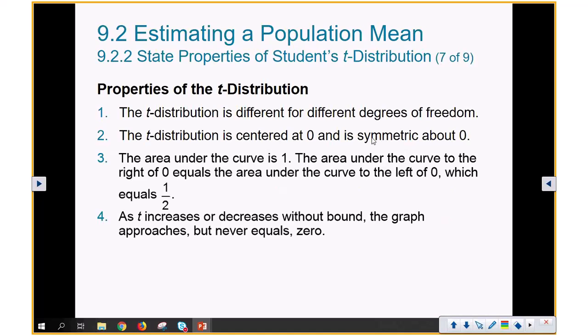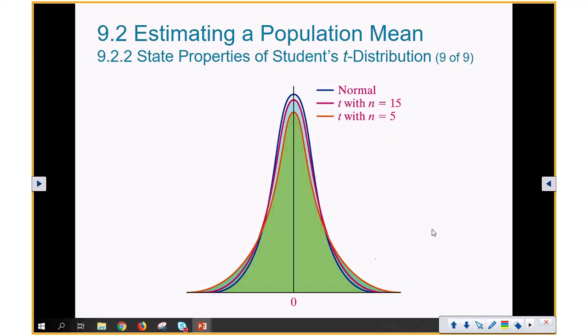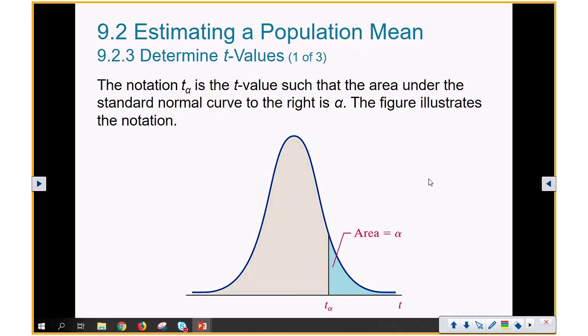The T distribution is centered at zero. The area under the curve is 1. I think everybody can see that from the normal curve. The area in the tails is a little greater. There you go. That's the two. It's not a big deal. I don't know why they're showing us all this.